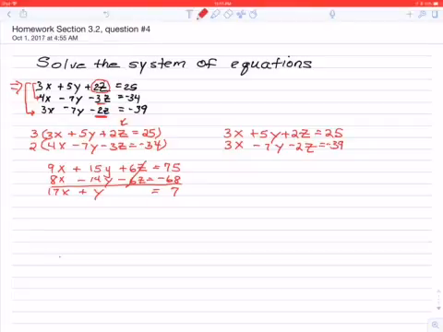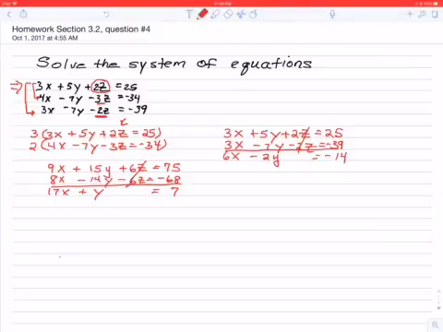Well, here, if I just add them, these z's will drop out. So I'm left with 6x minus 2y equals negative 14.